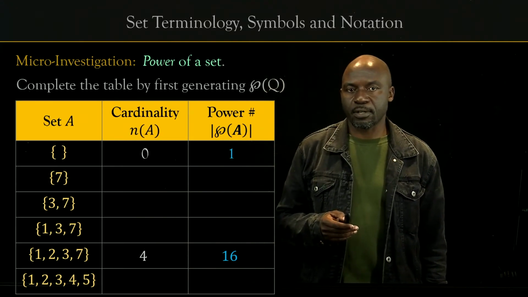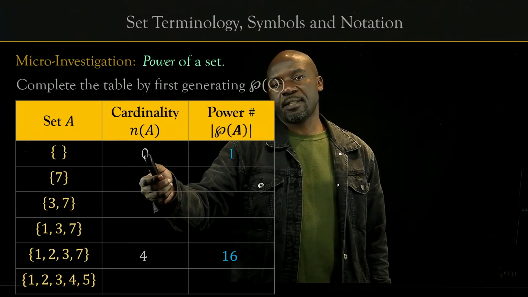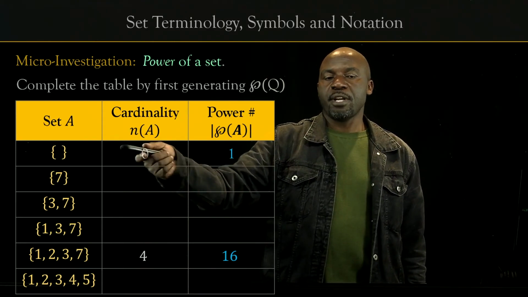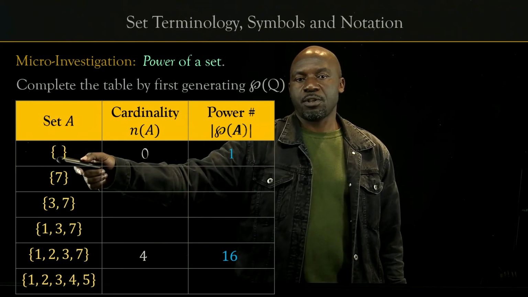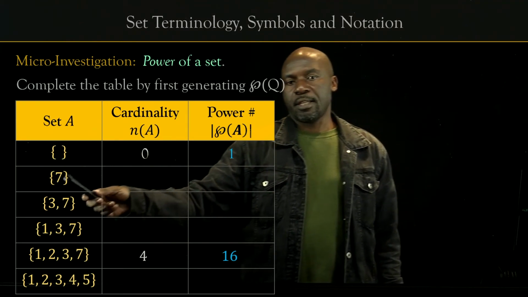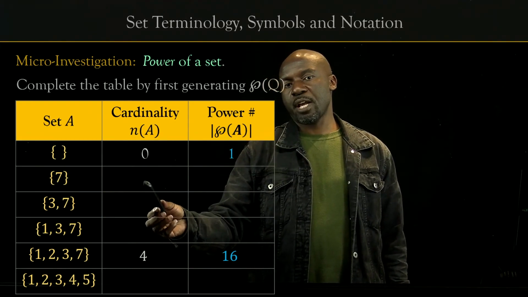Okay? So for example, the empty set has no element inside, so the cardinality is 0, and because there is only one subset, which is the empty set itself, we will write 1. Okay? This set here contains one element in it, so obviously this would be a 1.